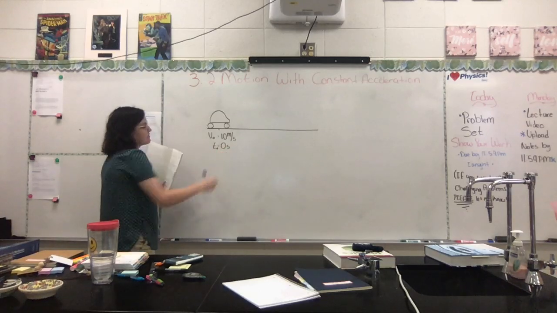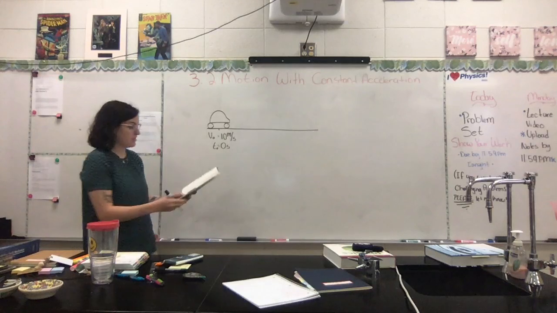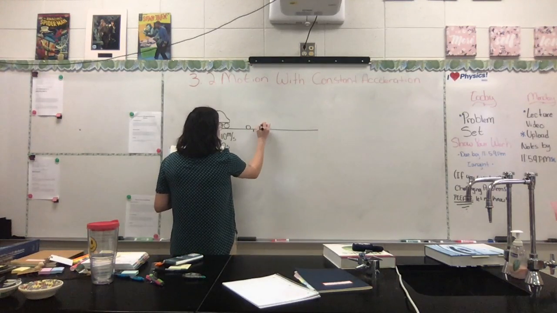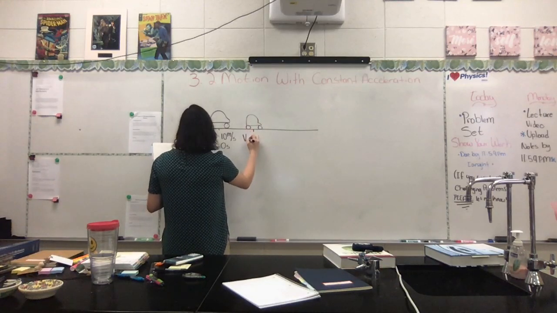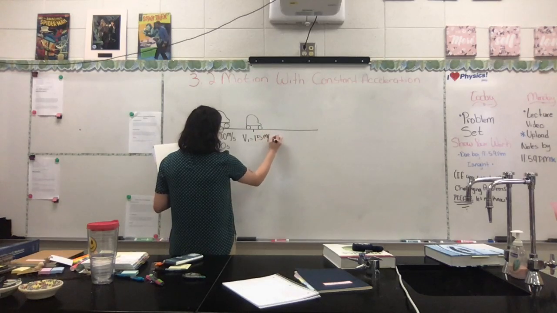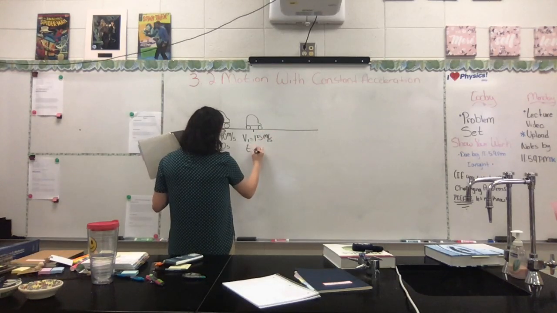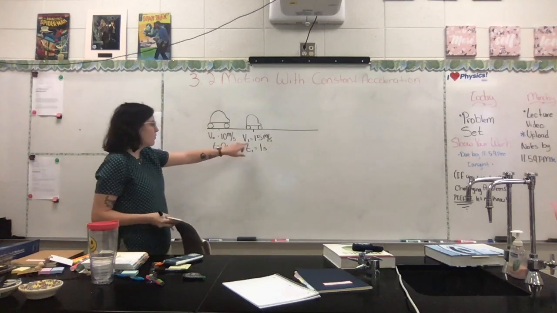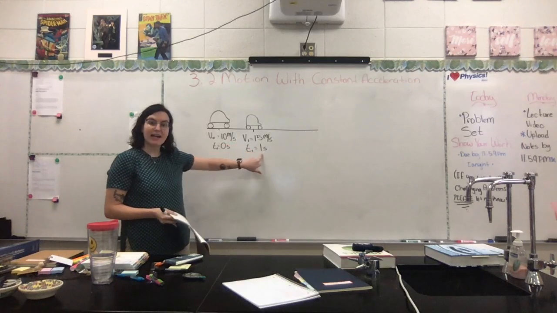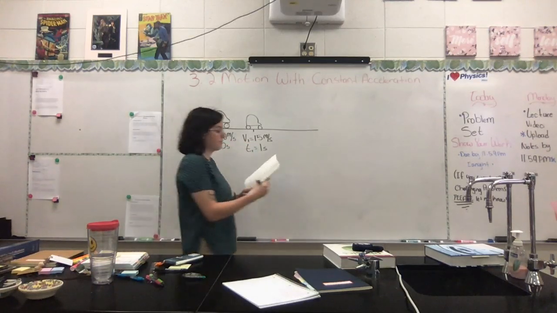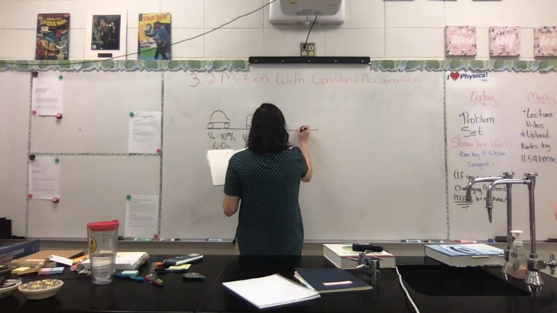So at time 0 seconds, the car is going 10 meters per second. 1 second is going to pass, and after 1 second passes, the car is going to be going 15 meters per second. So at time 1, which is 1 second, our velocity 1 is going to be equal to 15 meters per second.